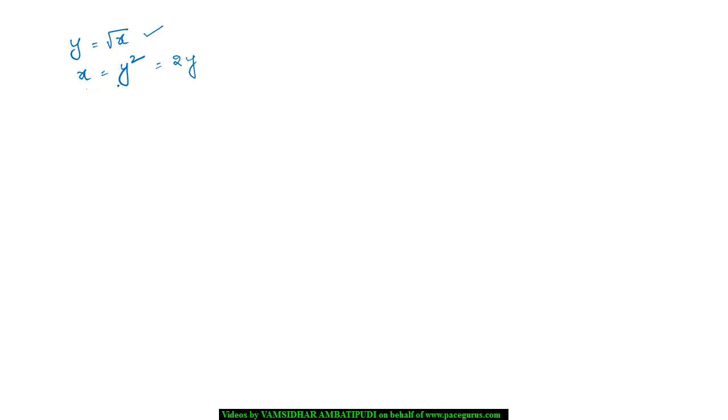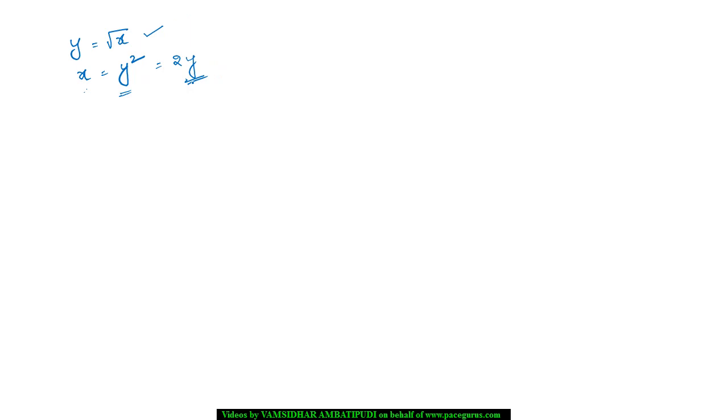So we are talking of x is nothing but y squared, which is the inverse; I am able to express x in terms of y, and this is a unique inverse. Because we are talking of x greater than 0, for x greater than 0 it's a unique value for every value of y. And we are also saying 2y, which is the derivative of x with respect to y, is differentiable.